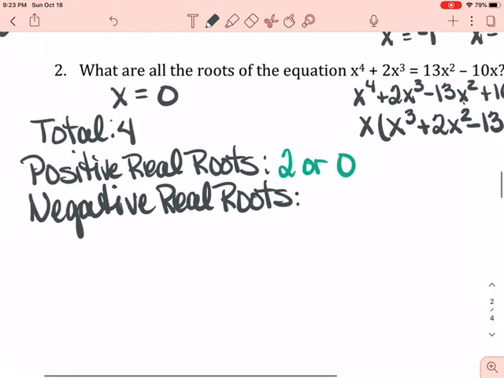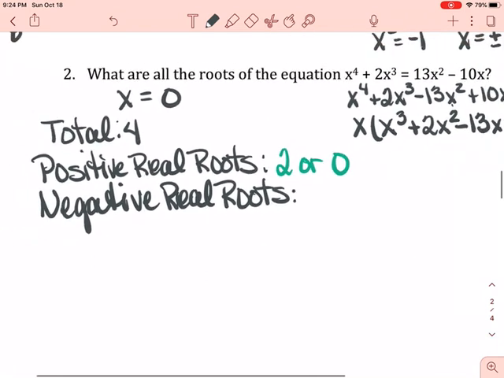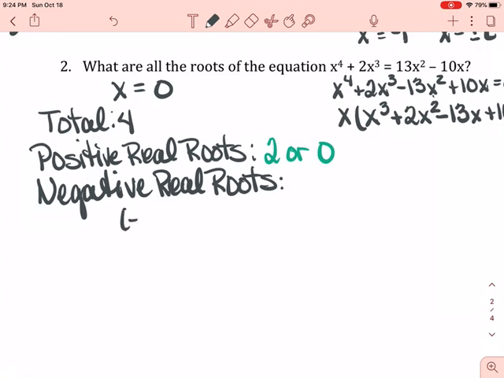Okay, I'm going to change all my signs. I'm going to work from the x cubed one.